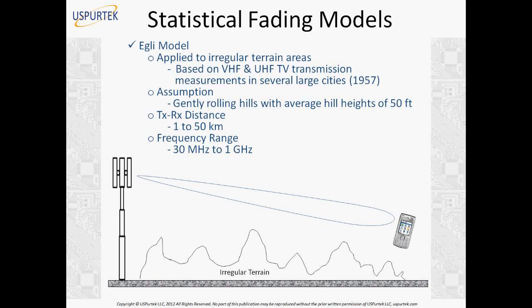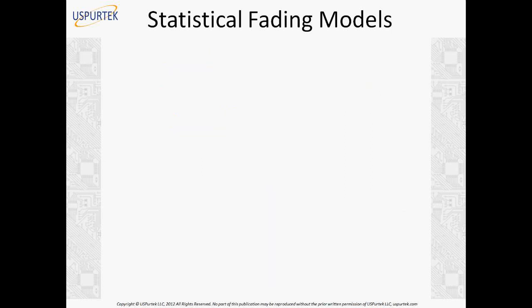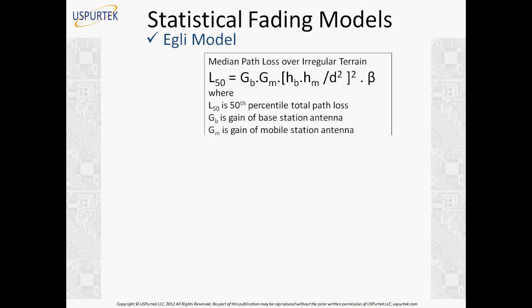And the transmit receive distance is 1 to 50 kilometers, and the frequency range he considered was 30 megahertz to 1 gigahertz. Now, although this model was derived from TV transmissions, it is also applicable to cellular communications. We can apply it. So this provides us very good guidance on how to develop our models for cellular communications. Now let's look at a little more detail.